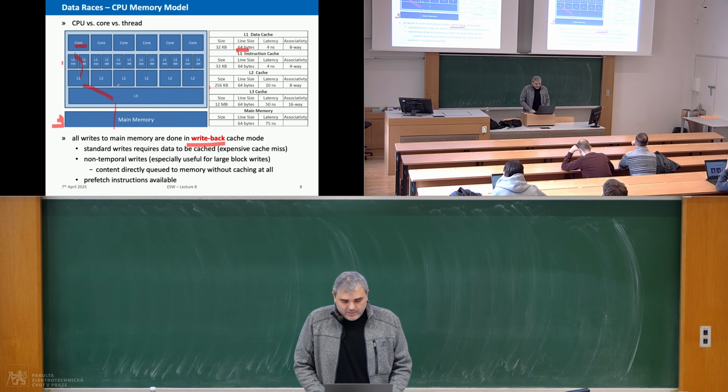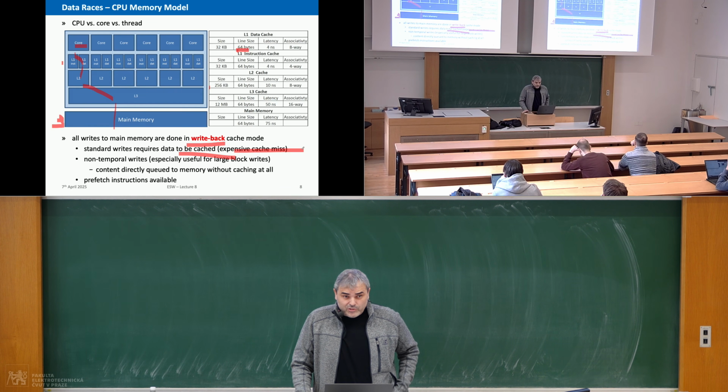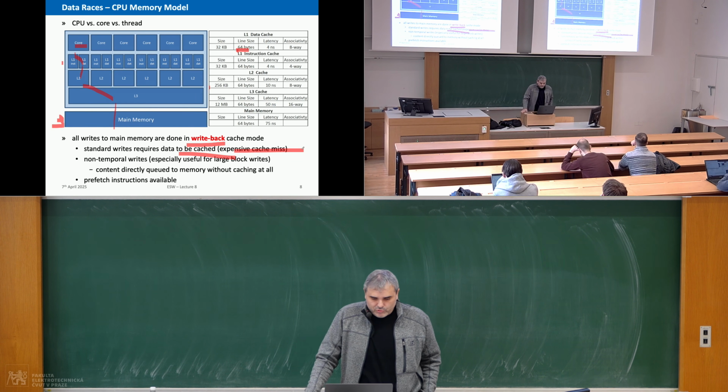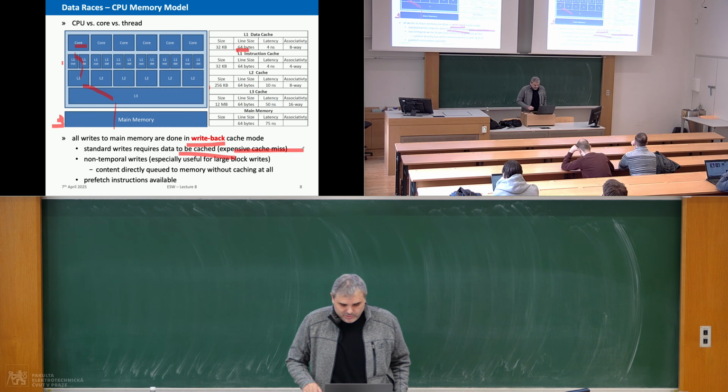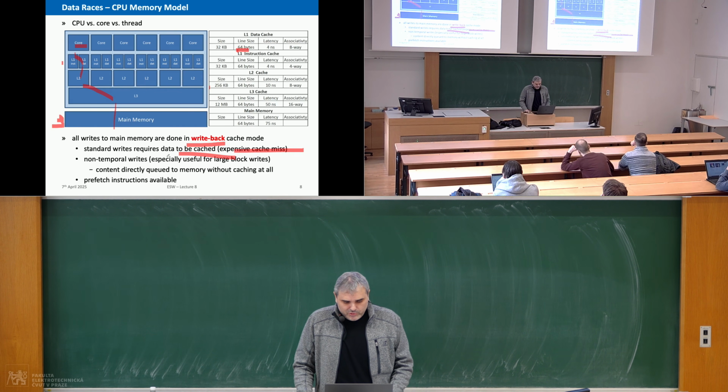So a standard write requires that particular address to be cached. In that place, we have the cache miss. You should know already from the previous lectures about cache misses. But there also exist non-temporal writes, which bypass this mechanism and write directly into external memory.